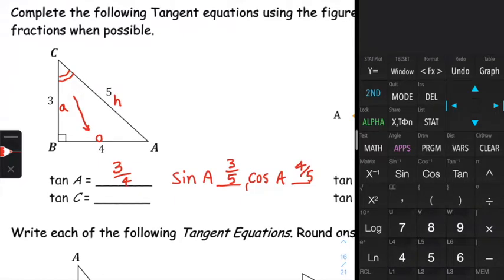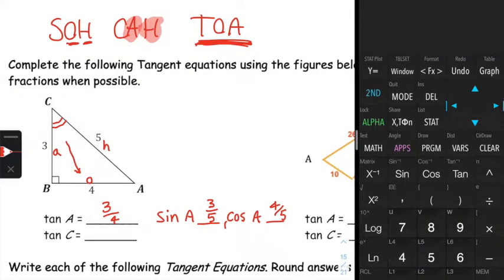When I'm doing the tangent, looking back up at my little cheat sheet, tangent is dealing with opposite and adjacent. So you put the opposite over adjacent. That's going to be 4/3. So basically, it was that same fraction but flipped. Sine of A, if we're looking at our chart, is dealing with the opposite and hypotenuse. It's going to be the 4 and 5.